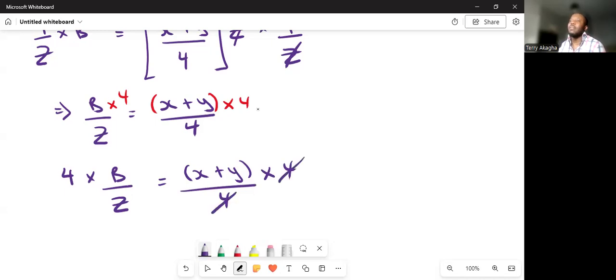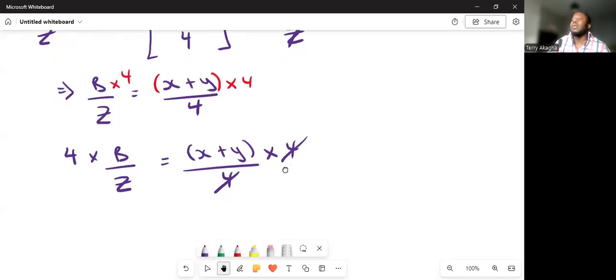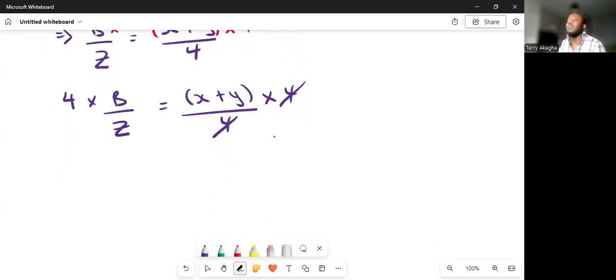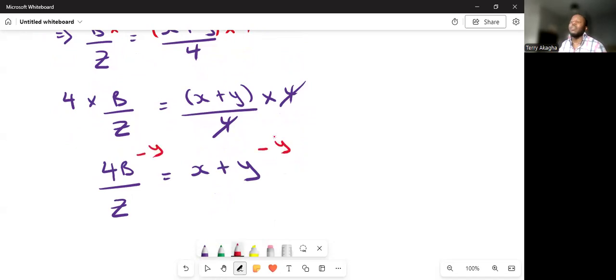This will cancel that, and it's going to give me 4b over z equal to x plus y. Now, the next thing is that I'm going to subtract y from both sides. So I'm going to subtract y from this side, and I'm going to subtract y from this side.